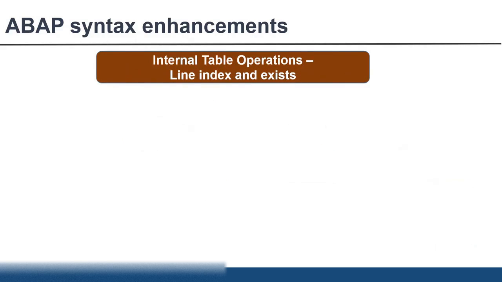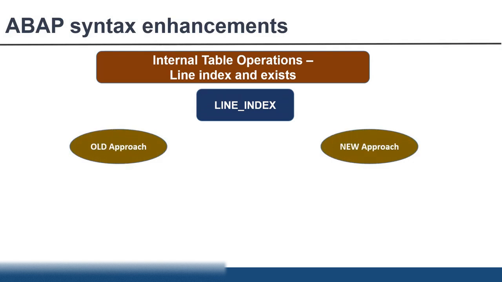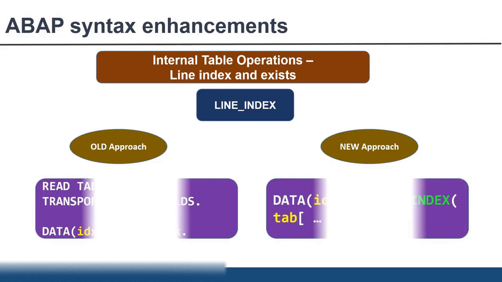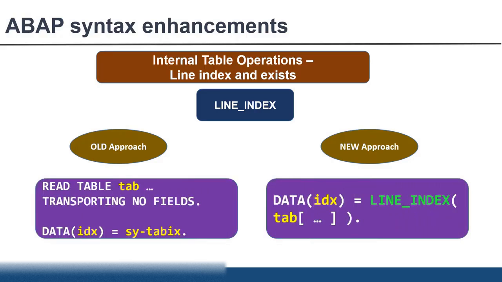For internal tables, there are two new expressions or built-in functions introduced: line_index and line_exists. Line_index. Here you can see the comparison between the old approach and the new approach. Sometimes you may want to check the index value of the record read.